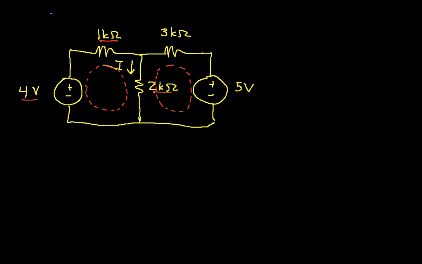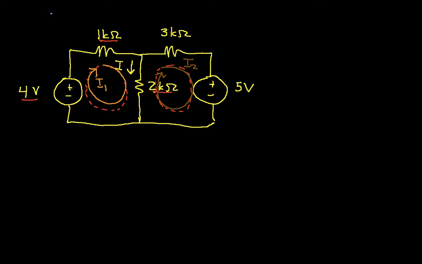We'll assign this current here, and we'll call this I1. We'll decide that this is mesh 1. And then we'll choose a second current and call this I2.